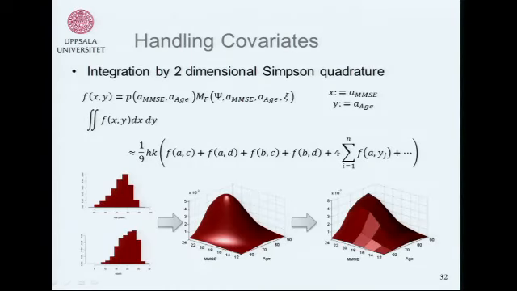And then we can do a numerical quadrature. In this case, we do a two-dimensional Simpson quadrature for the covariates mini-mental state and age. So we discretize this continuous two-dimensional integral and then replace it by this sum.